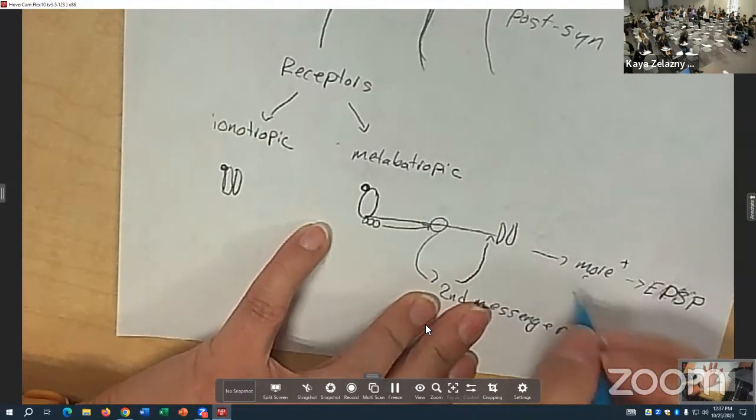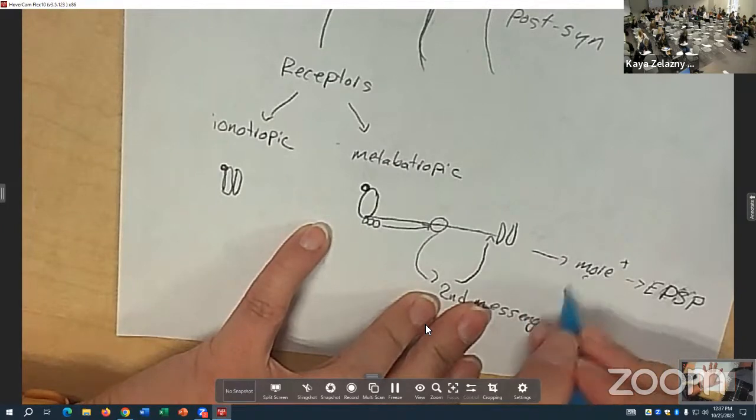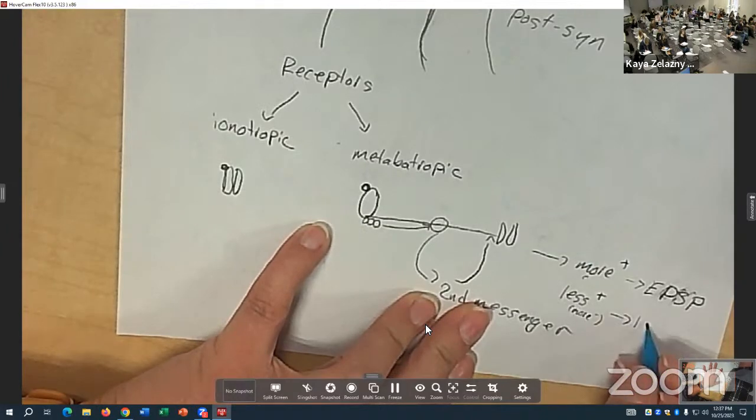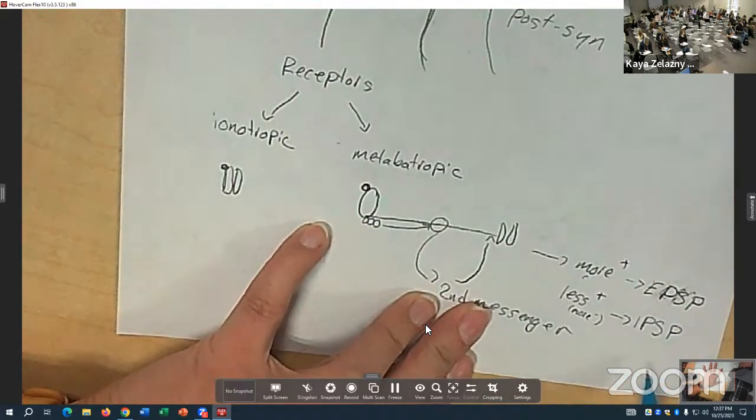Or less positive charges, or more negative, we have an inhibitory postsynaptic potential. And all this has to do with is, are we more likely to fire off an action potential or not?